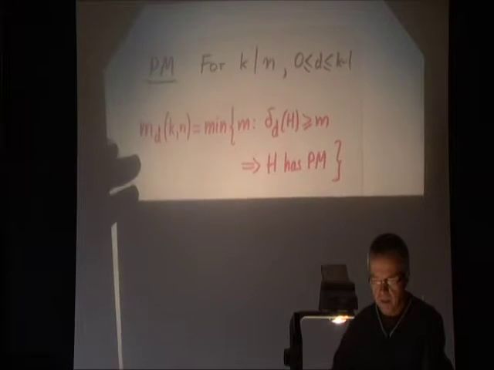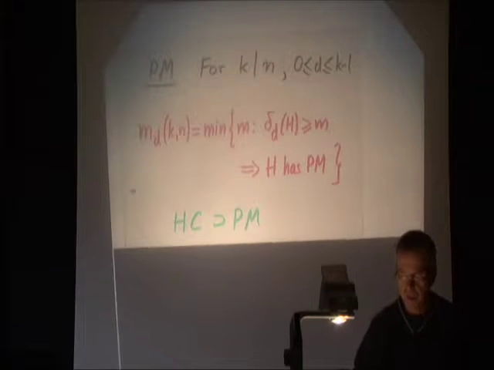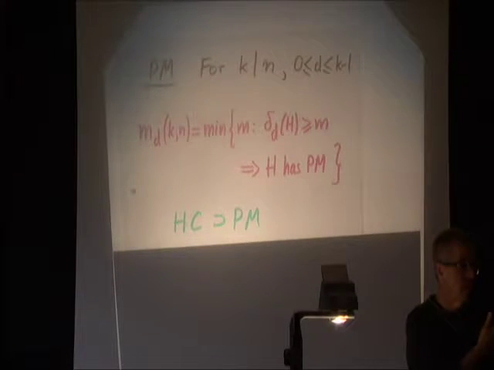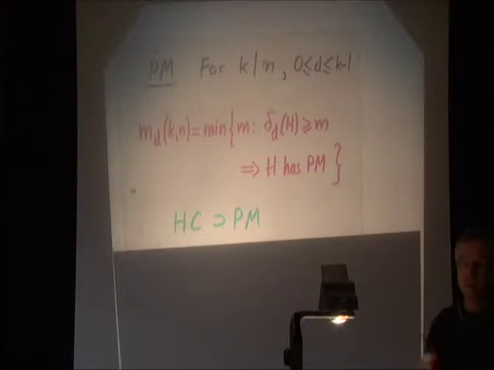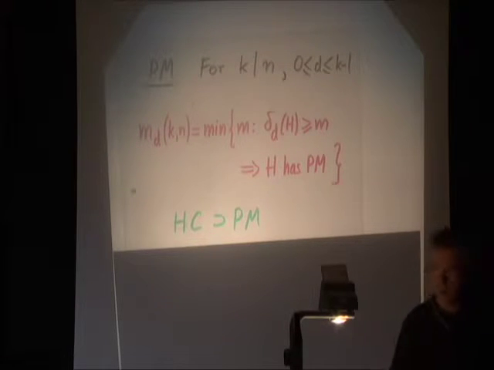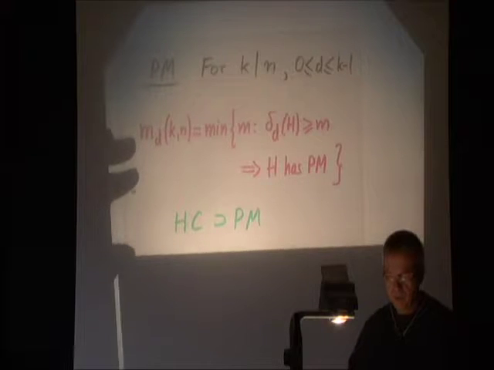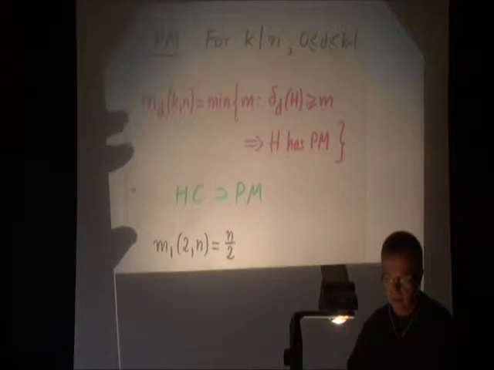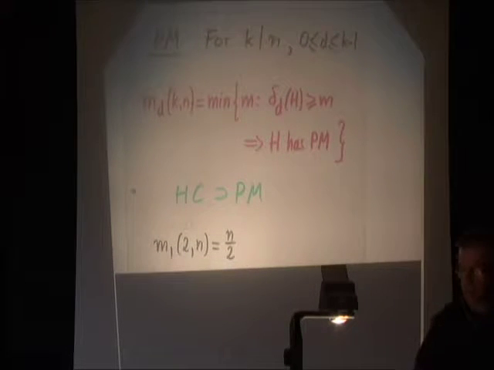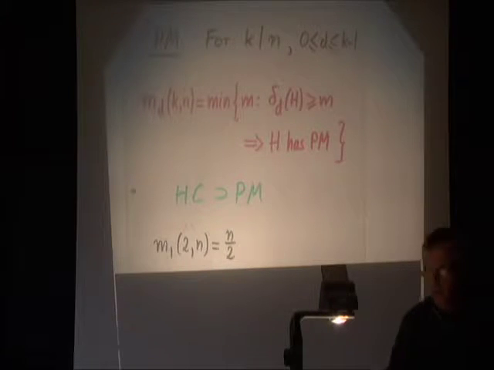Now, of course, under this divisibility condition, Hamilton cycles, as defined, contain perfect matchings. You just take every kth edge, and you get a perfect matching. So, in particular, Dirac already implies that this parameter is equal to n/2.